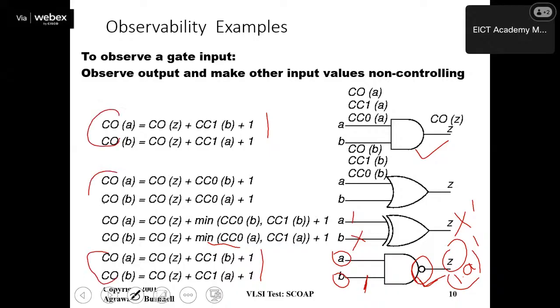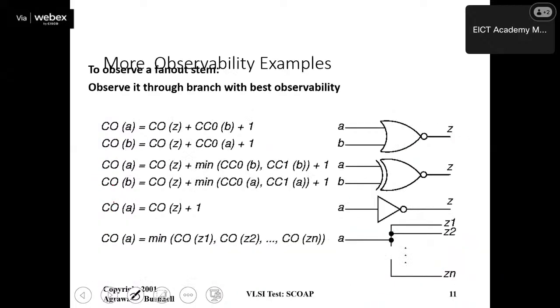Likewise, can I say that for NOR gate also it will remain the same? And likewise, for XNOR gate also it will remain the same? And for inverter, whatever the observability of COZ is, plus 1, because there is no other input. You can just observe it directly. So that's how the observability can be calculated.